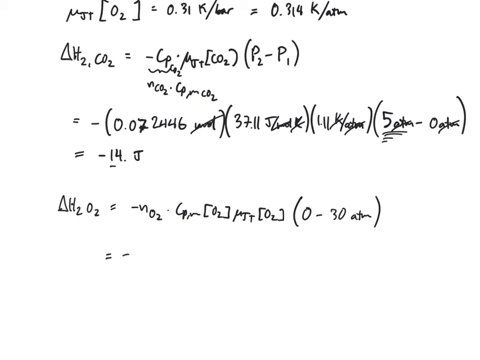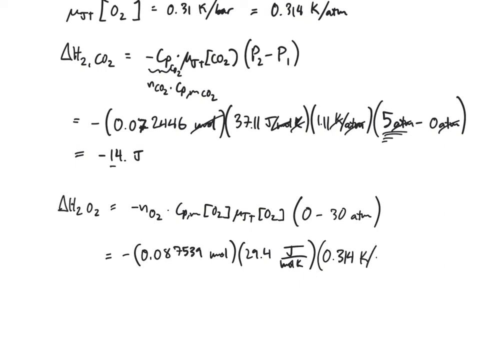So when I plug in all my numbers, 0.087539 moles, 29.4 joules per mole Kelvin, 0.314 Kelvin per atmosphere, and then here 0 minus 30 atmospheres. Again, the units all cancel out and it works out just fine. This in the end equals 24.2 joules.